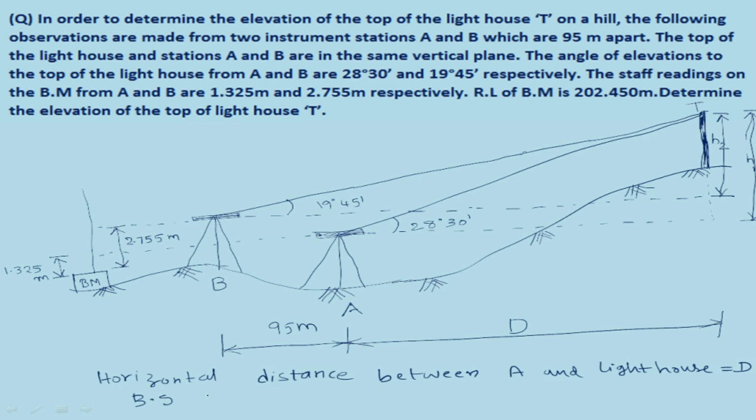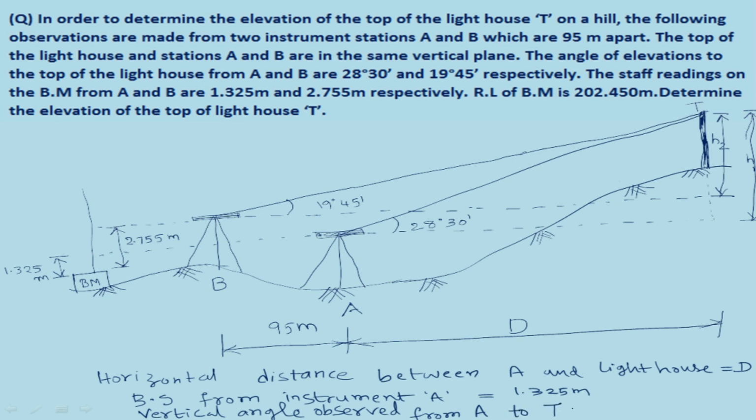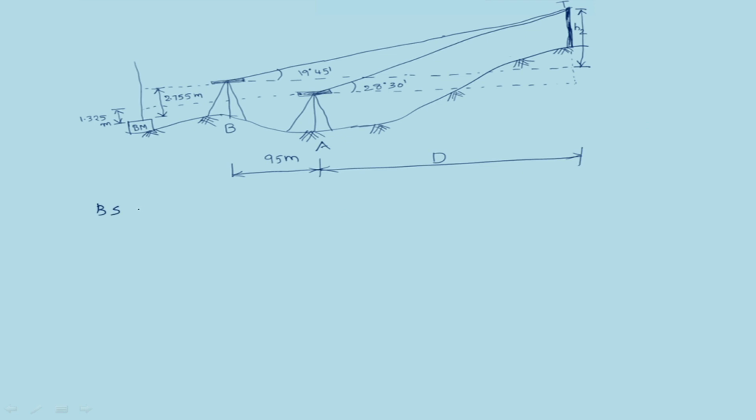Backsight reading from the instrument at A is 1.325 meters. The vertical angle observed from the instrument at A to the top of the lighthouse T is 28 degrees 30 minutes. Backsight reading taken on the benchmark from the instrument at B is 2.755 meters.